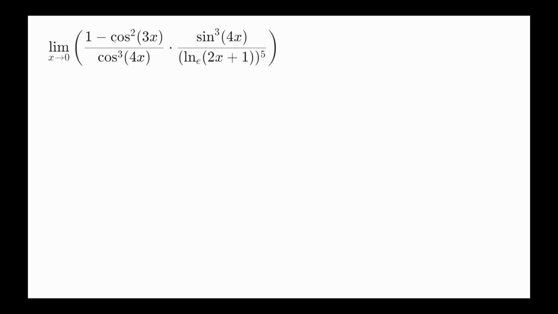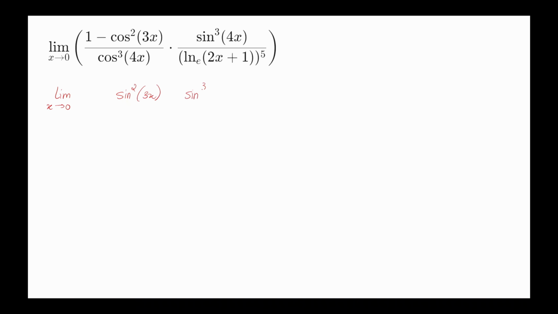So how are we going to solve this then? 1 minus cos square x is basically sine square x, right? So this would become sine square 3x, and then we can solve it using our trigonometric limit that we studied. So basically what I'll do is I'll first write this entire term properly. 1 minus cos square 3x can be written as sine square 3x.